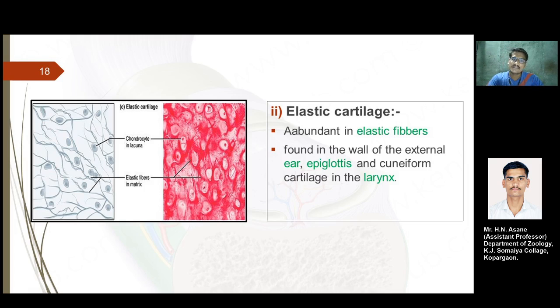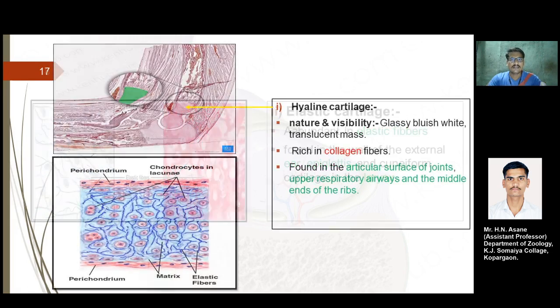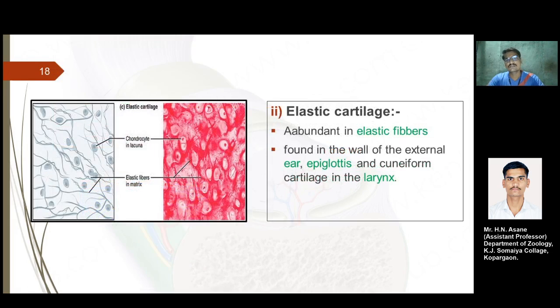These elastic cartilages are found in the wall of the external ear, the ear pinna, which is very flexible, and the ear pinna is composed of these elastic cartilages. And the epiglottis is also made of elastic cartilage.